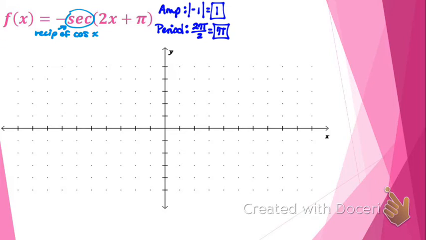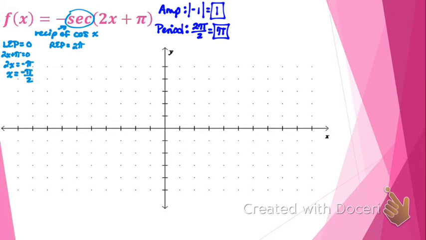So I need my LEP and my REP. Left endpoint, set it equal to 0. Right endpoint, set it equal to 2 pi. 2x plus pi equals 0. So I'm going to have 2x equals negative pi, which means my left endpoint is where? Negative pi over 2.